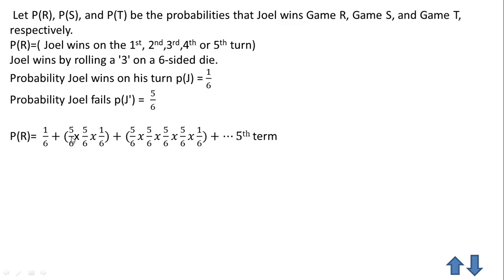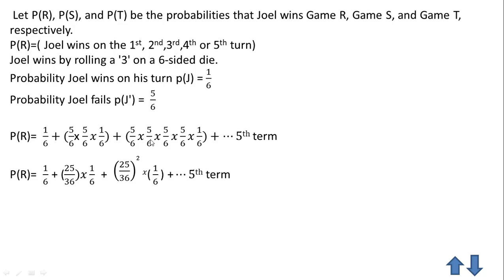First turn, Joel loses, a friend loses, Joel again wins. Then Joel can win on the third turn: Joel loses, a friend loses, Joel loses, a friend loses, and Joel wins on the third turn. Plus up to the 5th term. Now we can rewrite this. 5 times 5 is 25. 6 times 6 is 36.